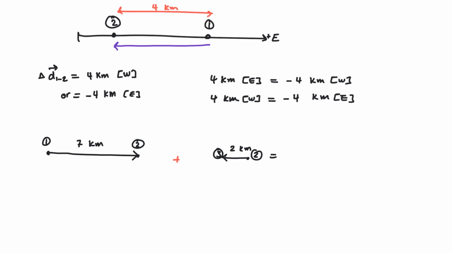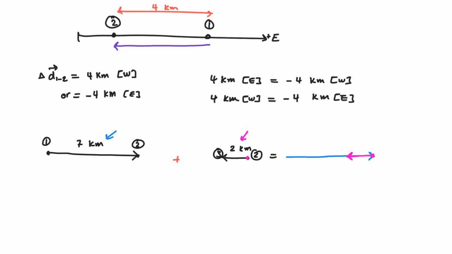We're going to use the same method as we did before when adding two vectors. We're going to draw the first vector, I'm going to use blue for this, going in this direction. Then we're going to take the tail, I'm going to use pink for this one, place it on the head, and add the second vector here.